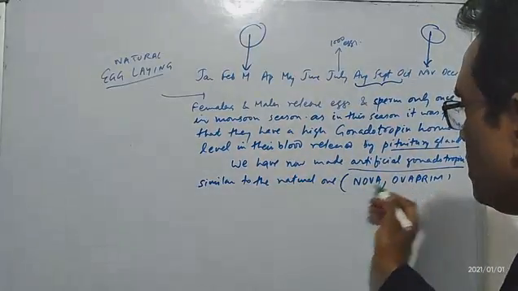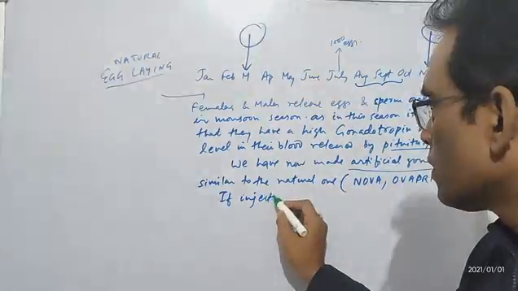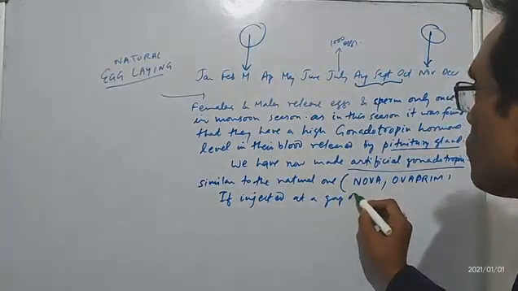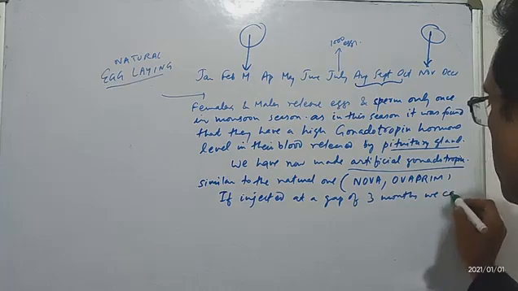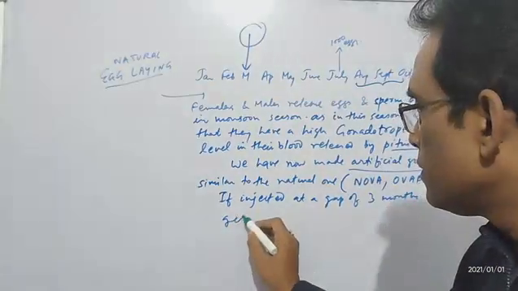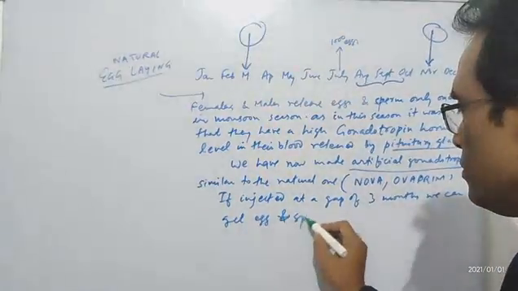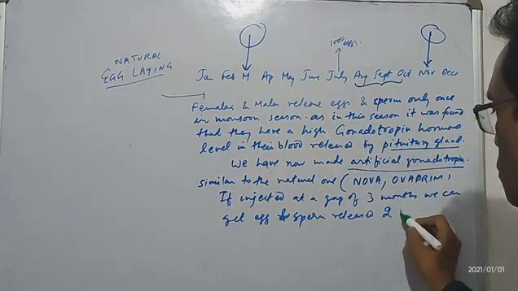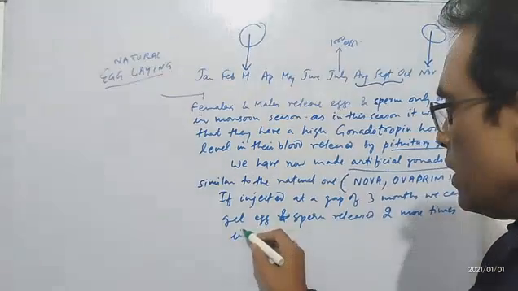So we have now made this, and if injected at a gap of 3 months, we can get the egg and the sperm released at least 2 more times in a year.